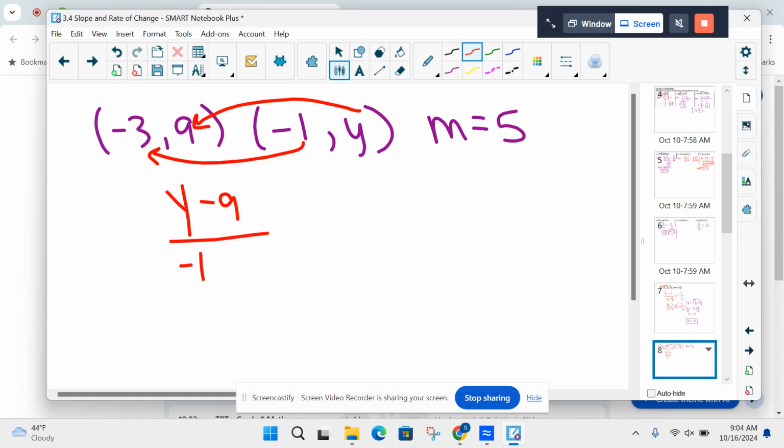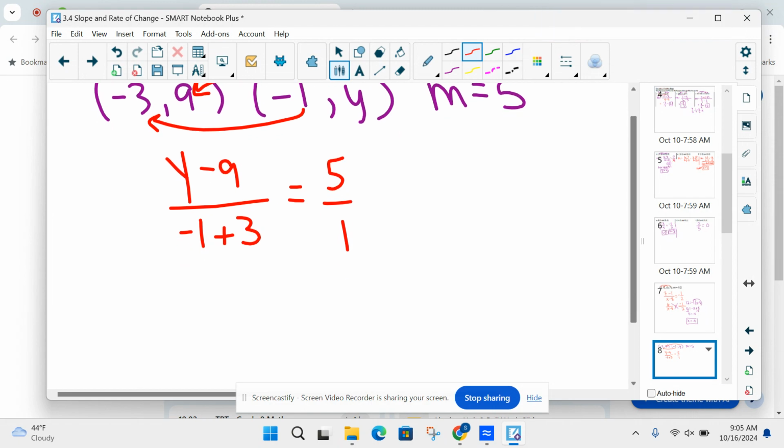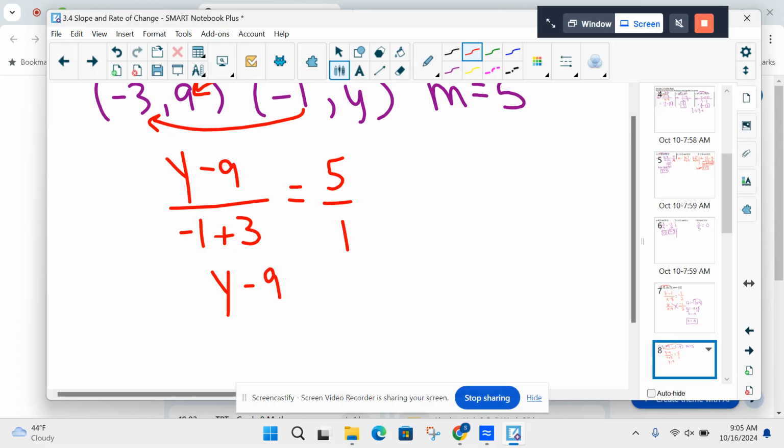Since it's minus a negative, it's going to be plus 3 equals 5. But if you want to cross multiply, then you would put the 5 over 1. So first step is I'm going to simplify the denominator. So y minus 9 over 2 equals 5 over 1.